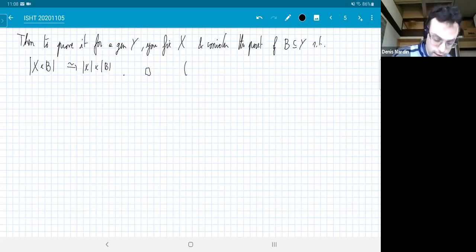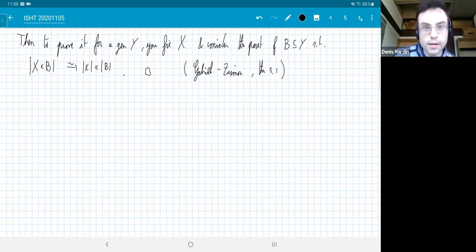If you're curious, the details are in Gabriel Zisman, theorem 3.1. It's a book, the title is Calculus of Fractions and Homotopy Theory.